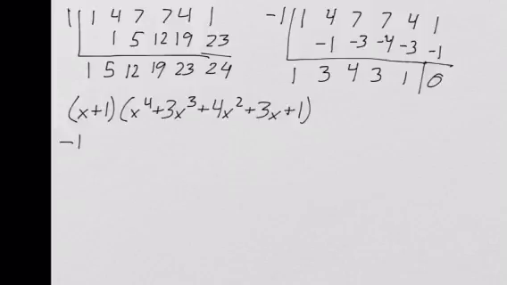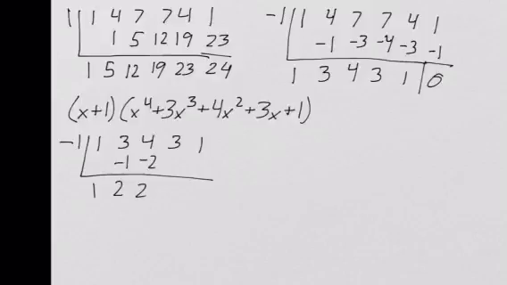So I will test negative 1 again. So 1, 3, 4, 3, 1. Bring down the 1, multiply by negative 1, and add, continuing across. I get 0 again.